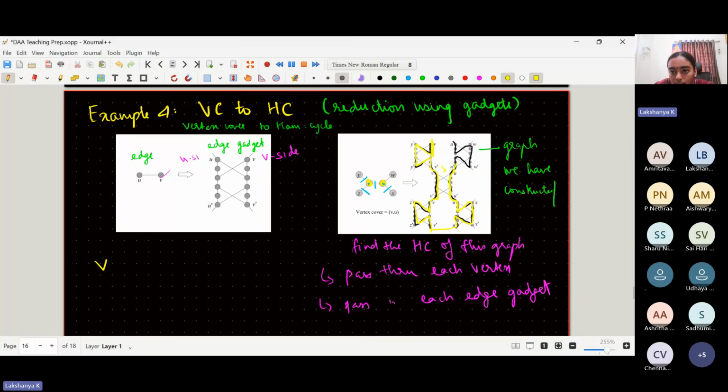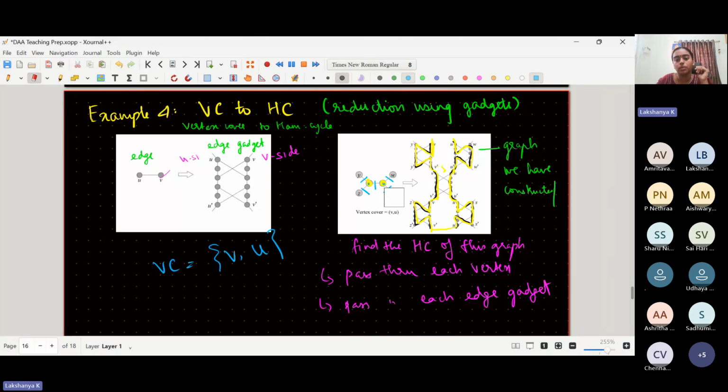Then I'm again entering this through the U dash, which is the U side. So U again, I've made note, and that was for the UW edge gadget. Now the things I've made note of are V and U, and all the edges are covered. So I have a vertex cover, and my vertex cover is the set of nodes V and U.